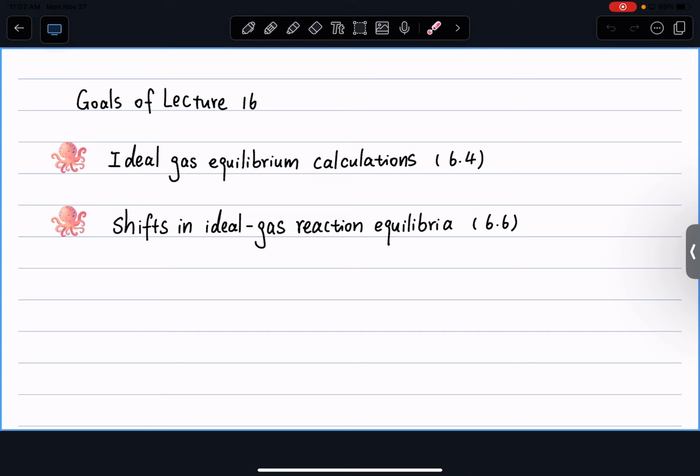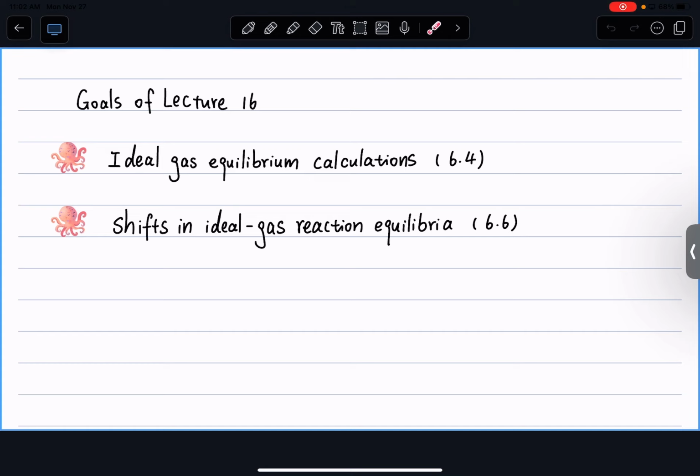Now we're ready to use thermodynamics to work out something that chemists actually care about, which is what the equilibrium constant is and how to use it to solve for the composition of a mixture that is at equilibrium.